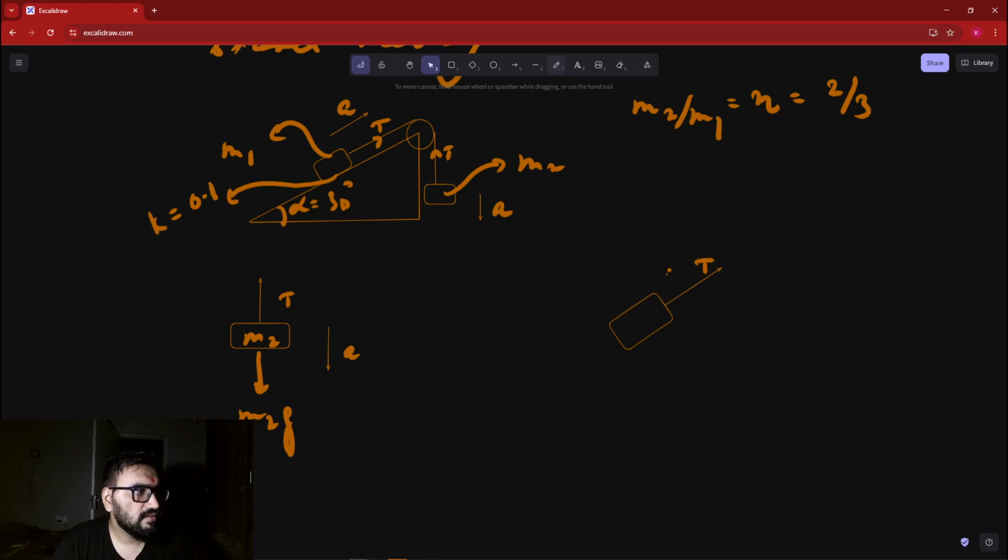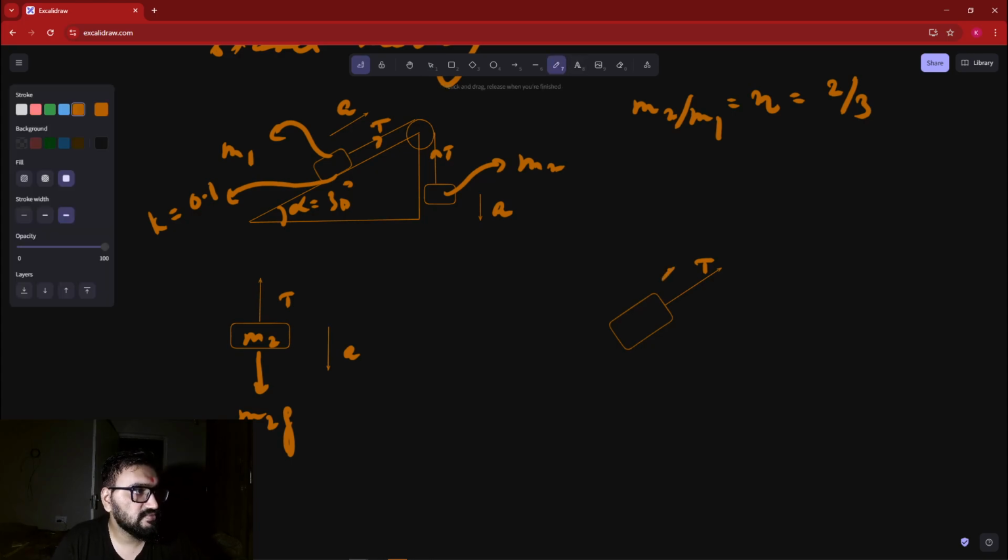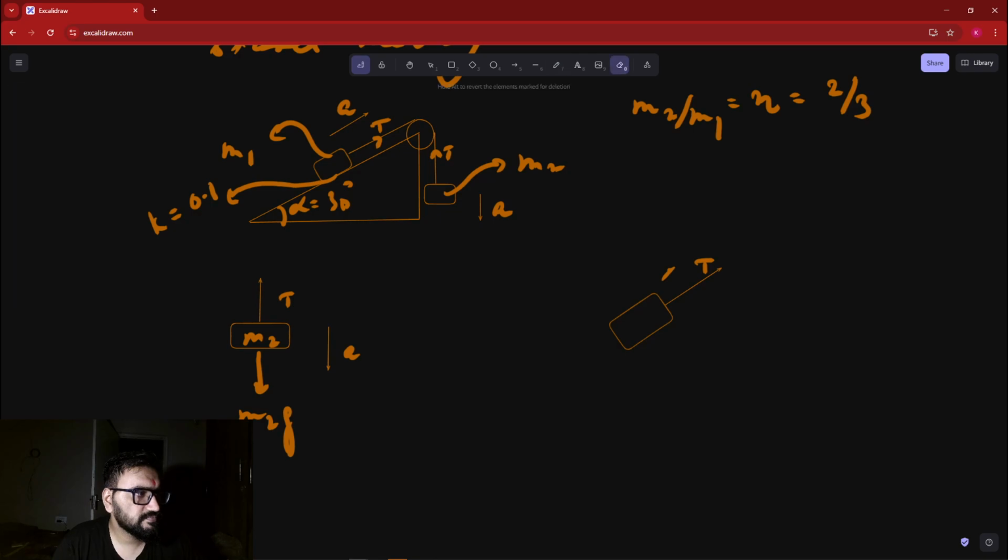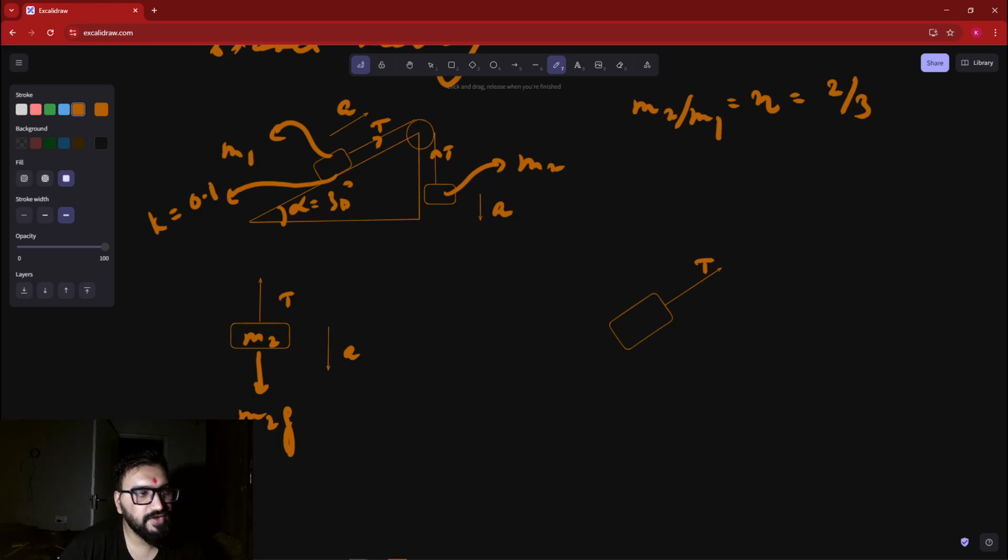Okay, this is the tension. And what else? There would be some frictional force, right? And there would be a component of the weight acting along the inclined plane as well.